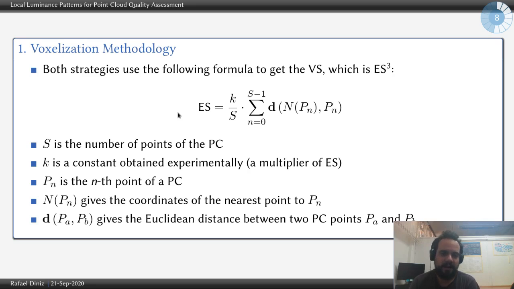This multiplier k we chose based on our experiments, and we chose one different k for each voxelization strategy.